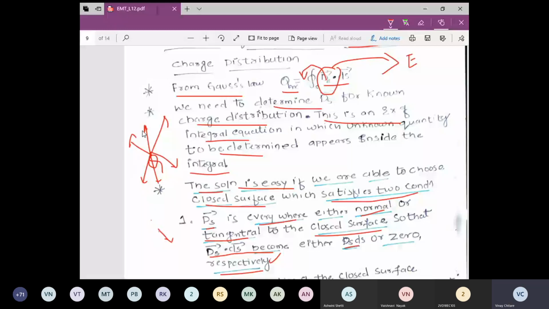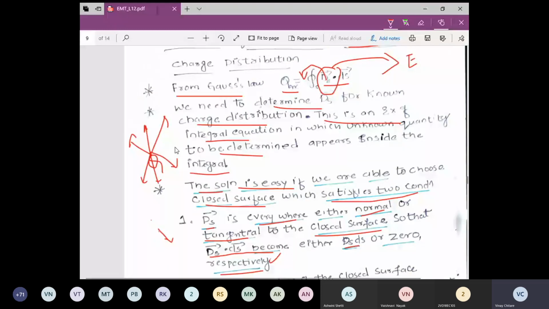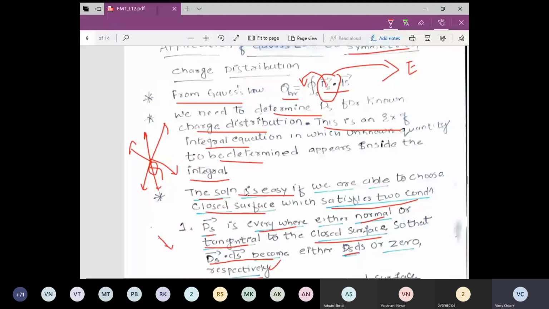The next question is, we need to identify a closed surface so that I can apply Gauss's law. For this particular charge distribution, the closed surface which satisfies these two conditions will be a sphere.